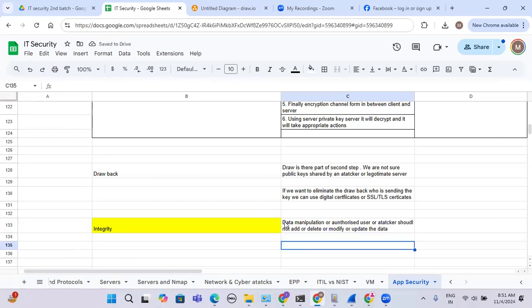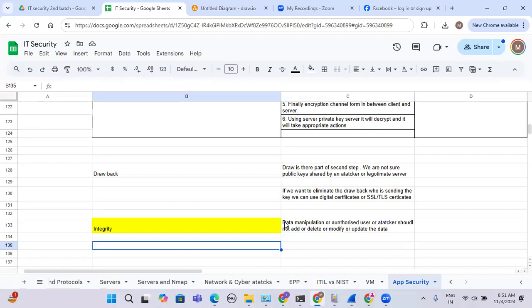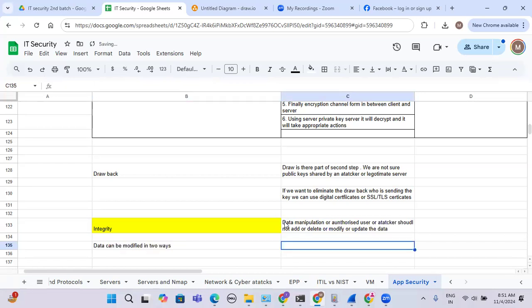Now, how can the data be manipulated, how can the data be modified? Data can be modified in two ways. One is knowingly, wantedly they will do it. For example, an internal user, even though he does not have access to finance related reports, will try to access those reports.